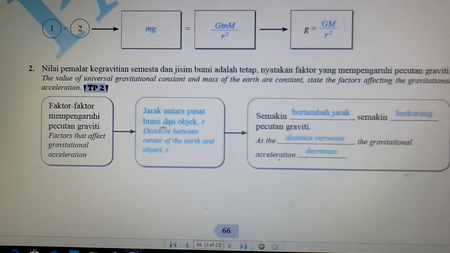So the only factor that affects it is the distance between the center of the Earth and the object, like a satellite and the Earth, for example. As the distance increases, gravitational acceleration decreases. Meaning if the object is far from the center of the Earth, the gravitational acceleration is smaller.